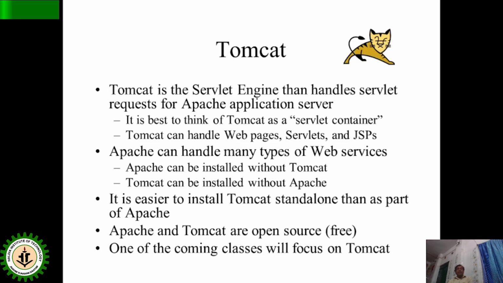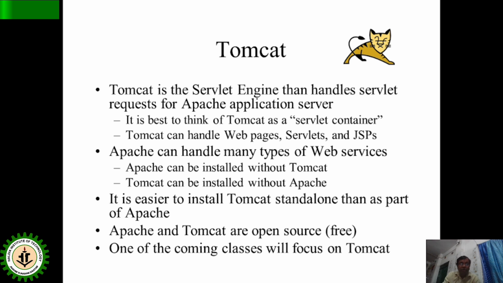Now for servlets and JSP, a very important thing is Tomcat. Tomcat is a web container. What is a web container? We need a web server, and the web server works with the help of the web container. Tomcat is a web container that works with the servlet engine, activates it, and handles servlet requests for the Apache application server. Tomcat is a servlet container.